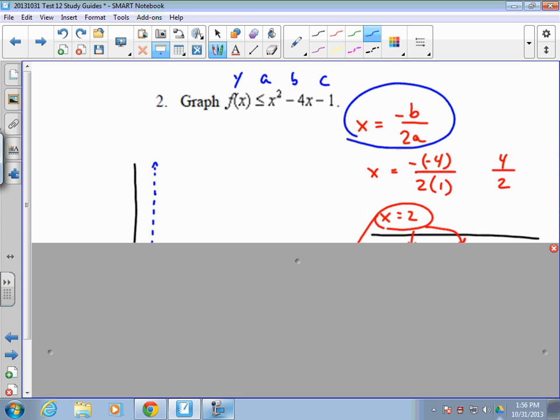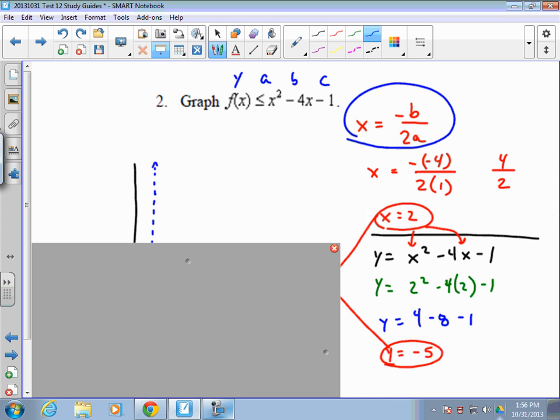In order to find y's value, take the original equation and plug in that value 2 in place of x. So x squared becomes 2 squared. Negative 4 times x becomes negative 4 times 2, minus 1. 2 squared is 4, and negative 4 times 2 is negative 8. So 4 minus 8 minus 1. 4 minus 8 we know is negative 4. Minus 1 is negative 5.